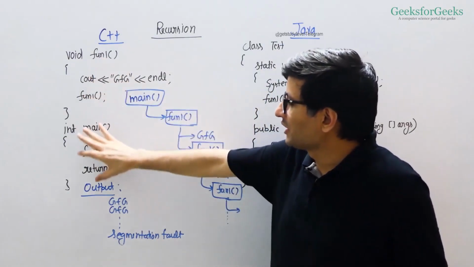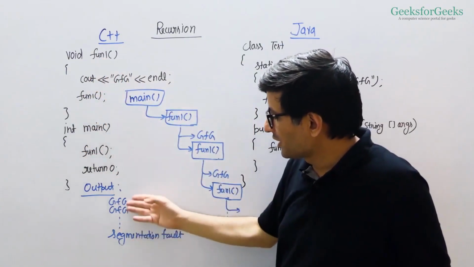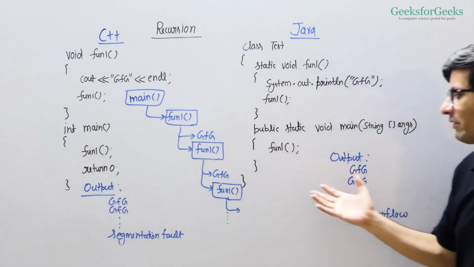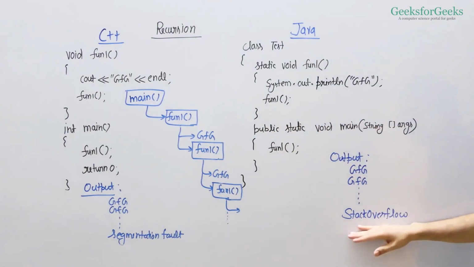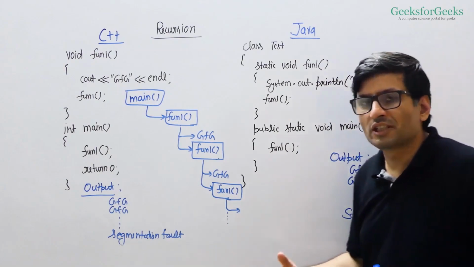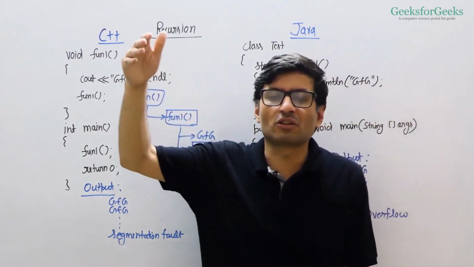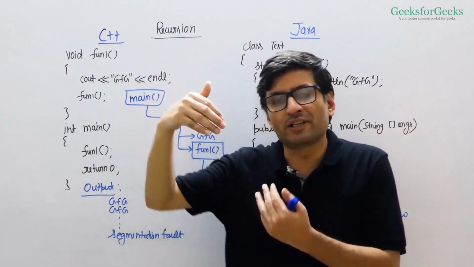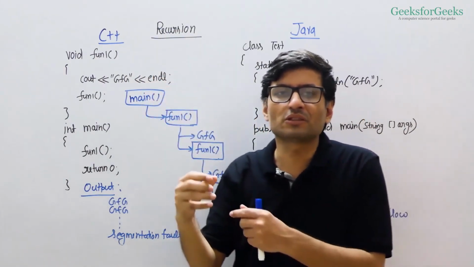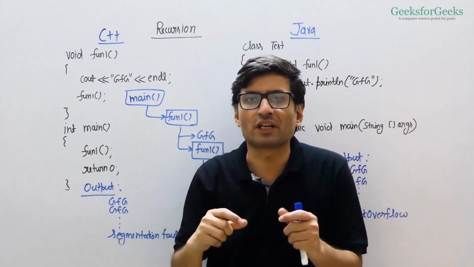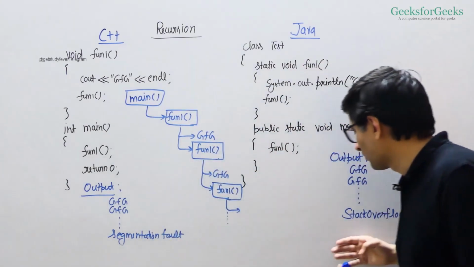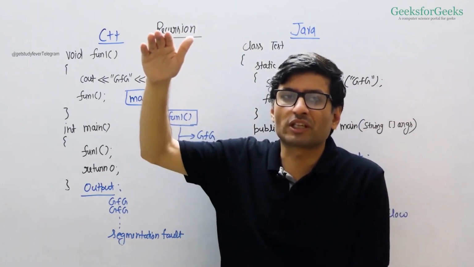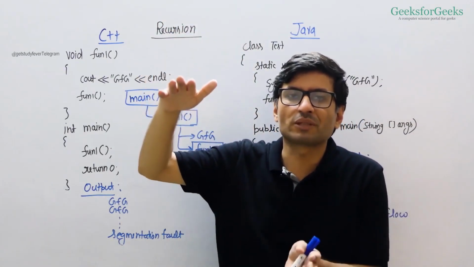On a GCC compiler in C++, you get gfg, and then you get a segmentation fault. When you run this Java program, you get gfg, and then Stack Overflow. The reason is you have made so many function calls waiting to finish their execution, and internally compilers use stack frames to store the function data. That's why we are getting a Stack Overflow error. After some function calls, the stack frames, or the memory allocated for the function calls, become full.